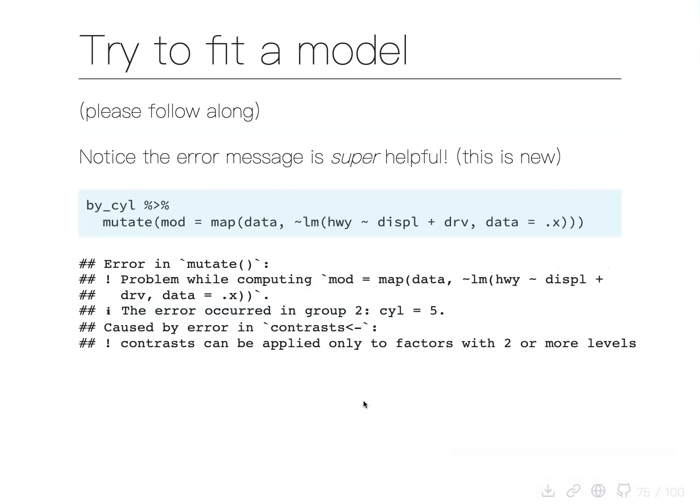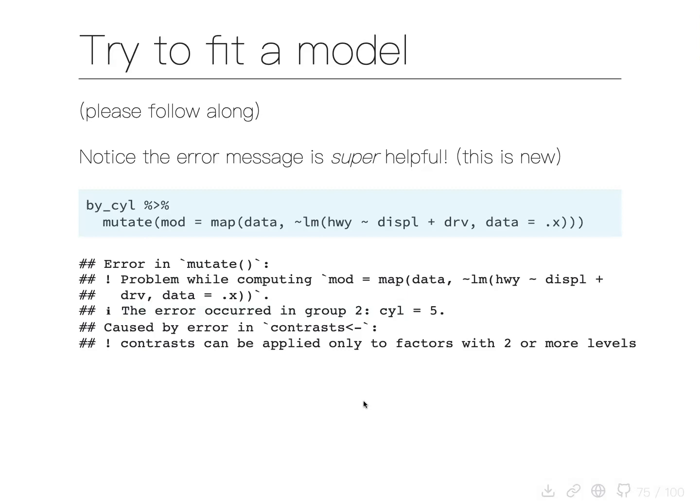This is about as simple a case as we could possibly have. If you have a much more complicated example, it could tell you the group, and it might still be confusing figuring out where it is exactly.